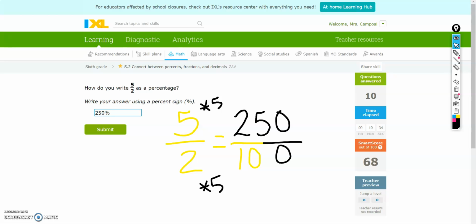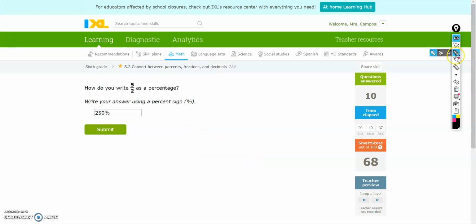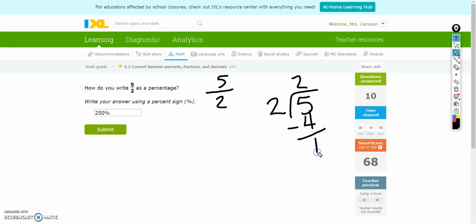And then I'm going to show you another way that you could have done it. You take the numerator and you divide it by the denominator. So 2 goes into 5, 2 times. 2 times 2 is 4. I subtract. I put a decimal and bring down the 0. 2 goes into 10 5 times. And then I subtract.